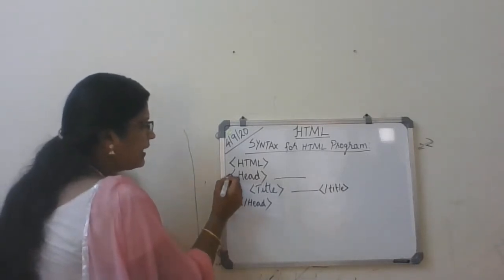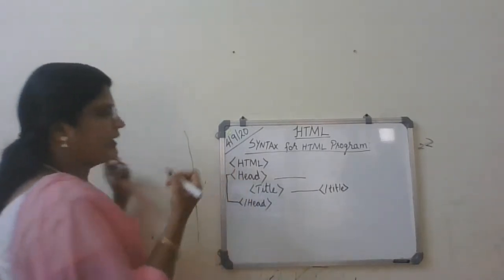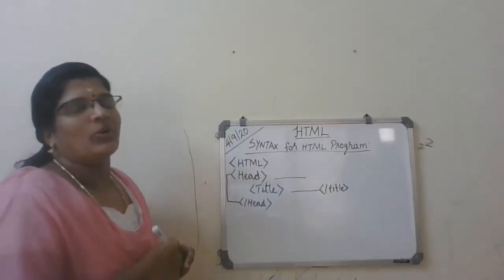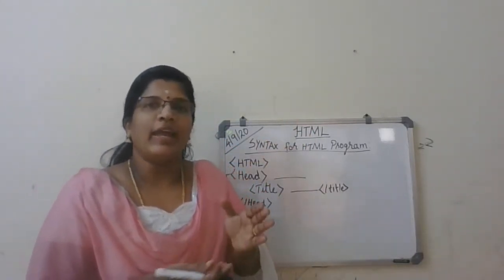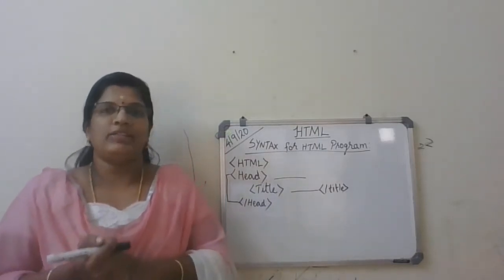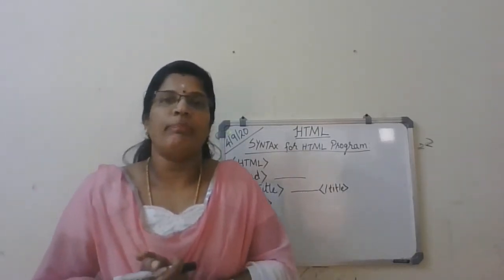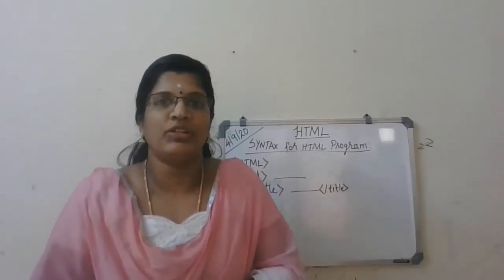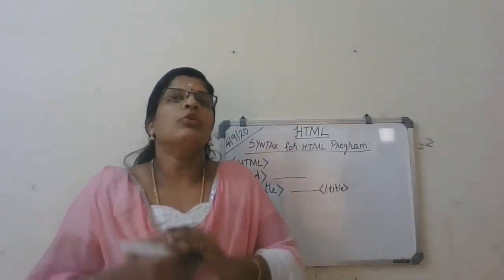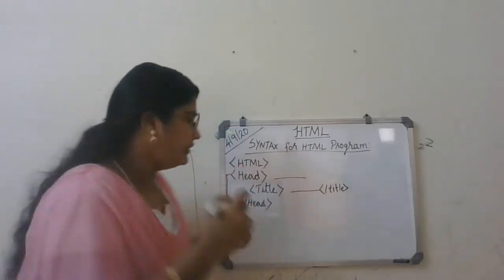So you can see the head started here and ends over here. Fine. Okay. Then what is next? So the heading is over. Then the content of the web page. That is commonly called the body of the message. So we have to create a tag called body.